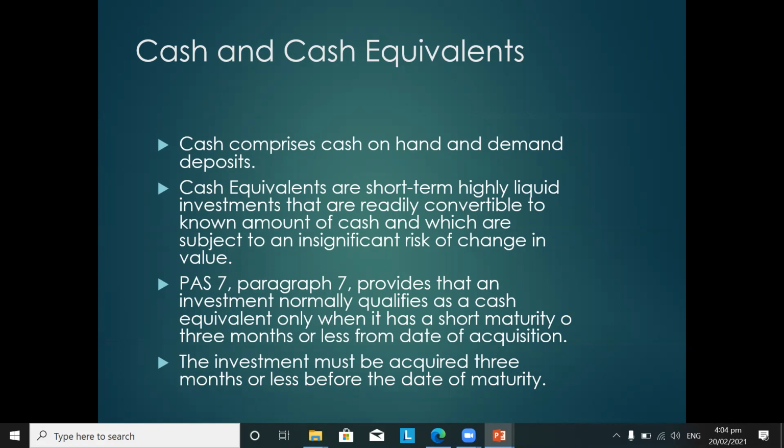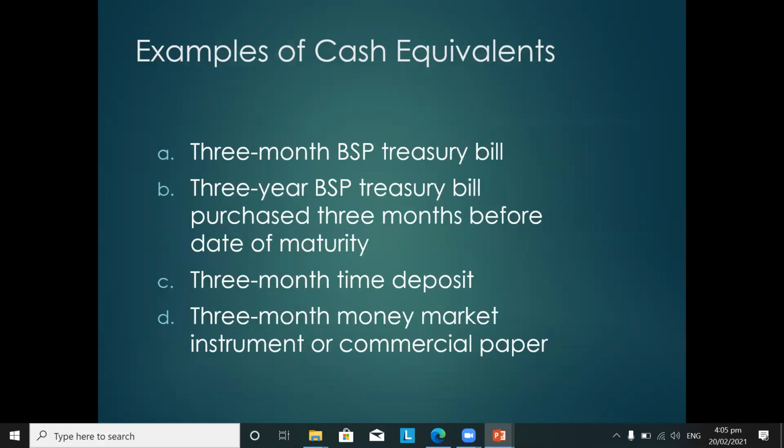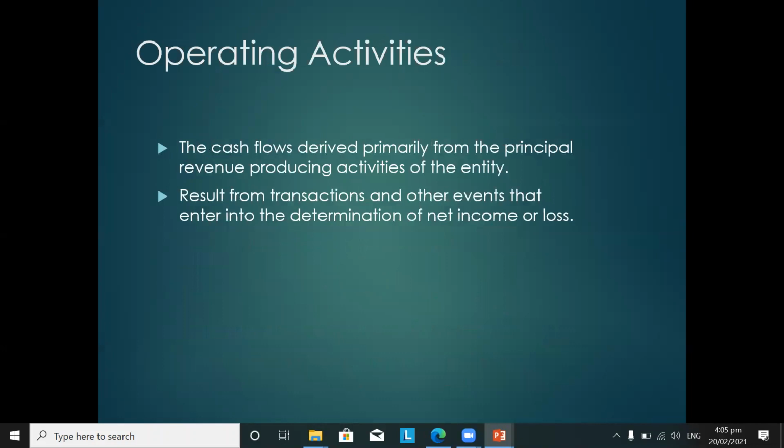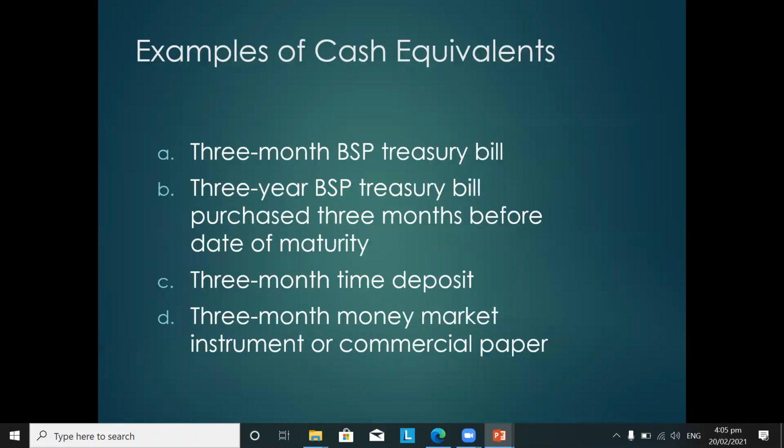Pag sinabi natin how short ang term ng isang cash equivalents, the investment must be acquired 3 months or less before the date of maturity. So these are the examples of your cash equivalents.